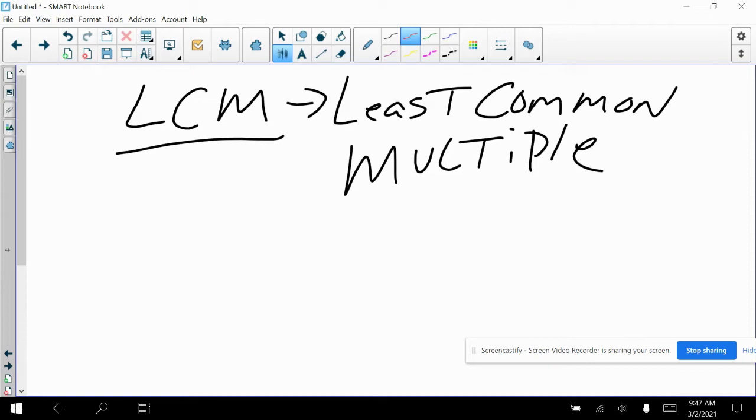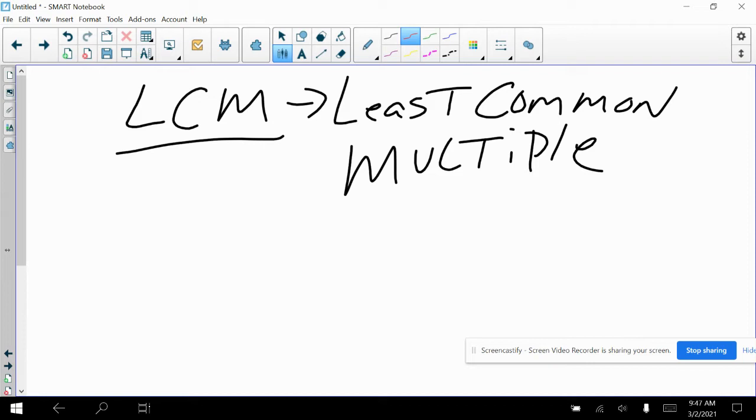Big or small? It was small. Remember, it was deceiving when it said greatest common factor. Everybody thinks, oh, it's got to be a big number. Well, actually, it's a small number. It could be 2, could be 4.